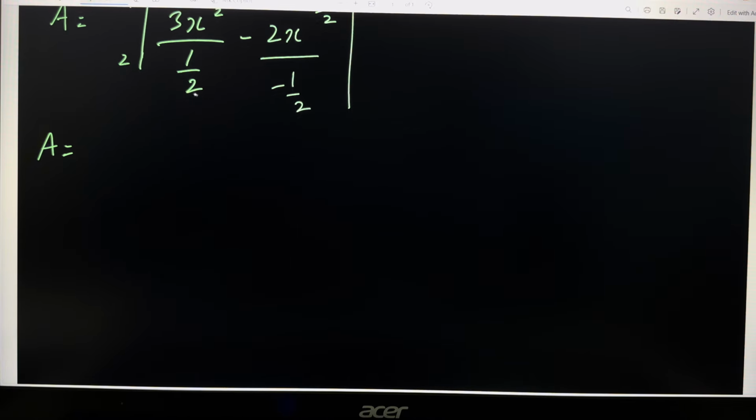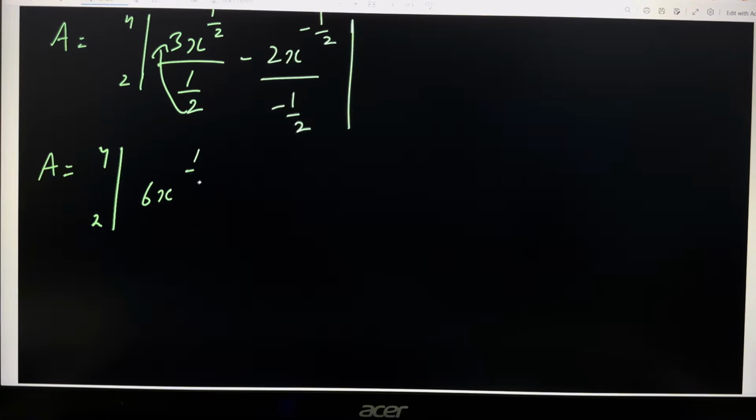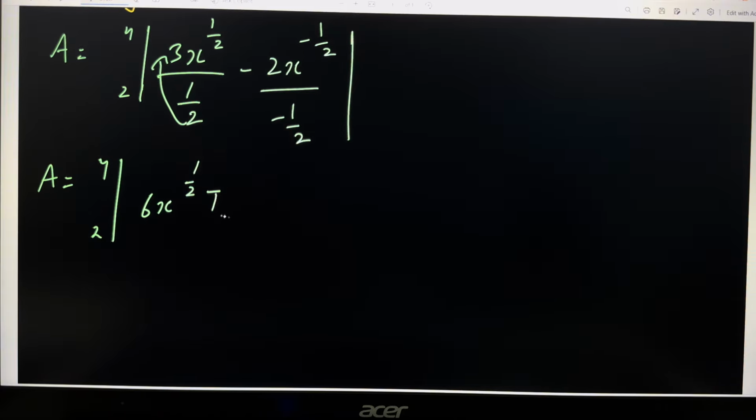So from 2 to 4. Okay, this 2 will come up here, right? This will become 6x to the power 1 upon 2, and this thing will become positive 4x to the power minus 1 upon 2.